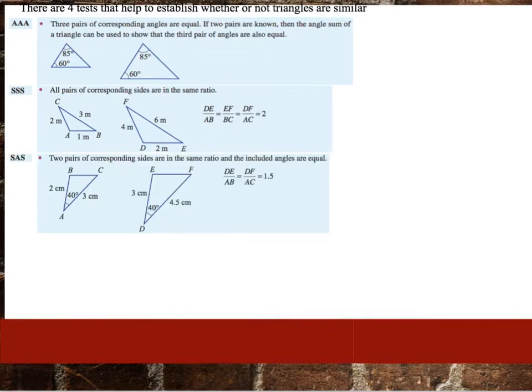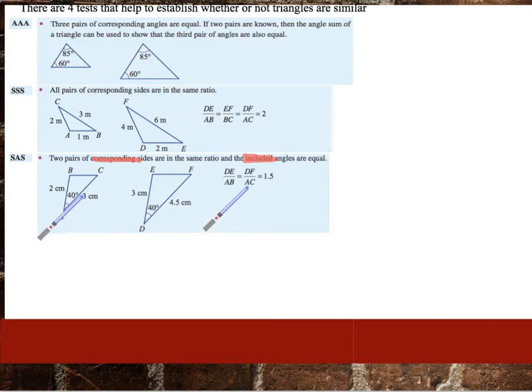Our next one is SAS, so there's something sus here as well. 2 pairs of corresponding sides are in the same ratio, and the included angle, so those words are very important, the included angle are equal. Okay, so in this case there's only one angle, but ED over BA is the same as DF over AC.